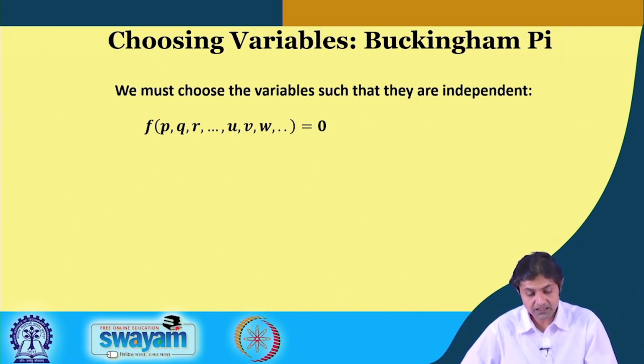So, F of P, Q, R, U, V, W is equal to 0. This is one equation, and Q can be written as F1 of, say, U, V, W, for example.